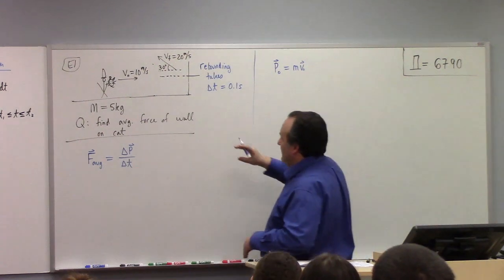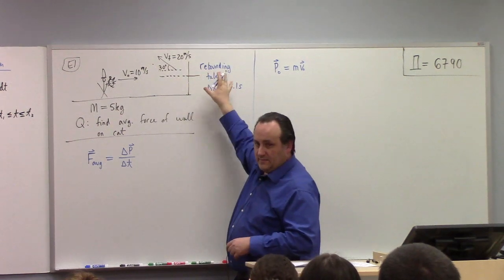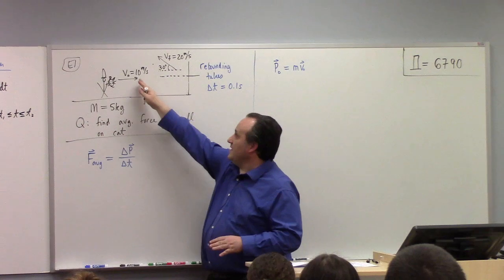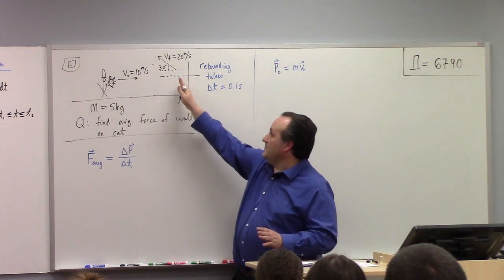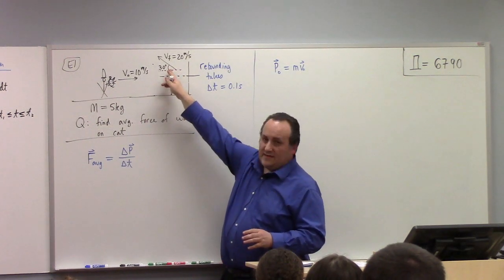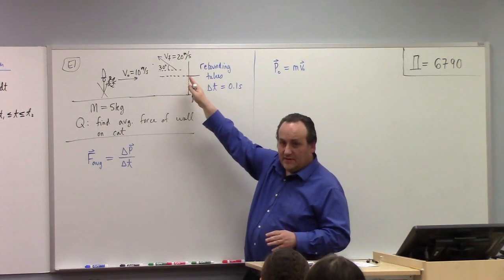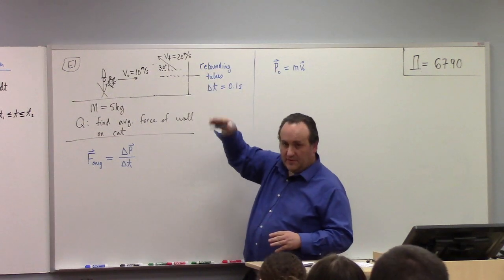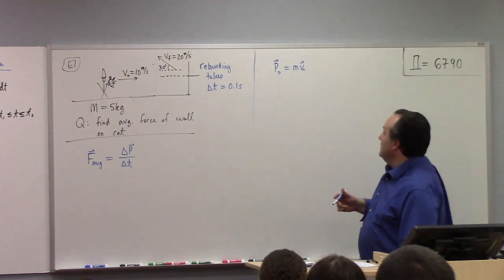Basically, this happens so quickly that gravity doesn't have any time to do anything here. And I'm saying 10 meters per second. I drew it over here, but what I mean is it's 10 meters per second right before it hits the wall, and 20 meters per second right after it rebounds off the wall. There's not been enough time for gravity to take away the vertical component of the velocity and reduce the momentum in the negative vertical sense.